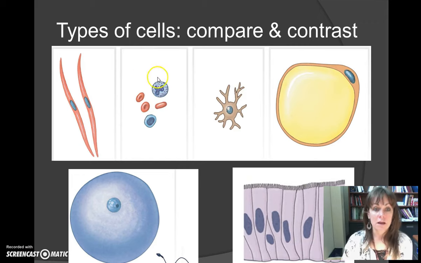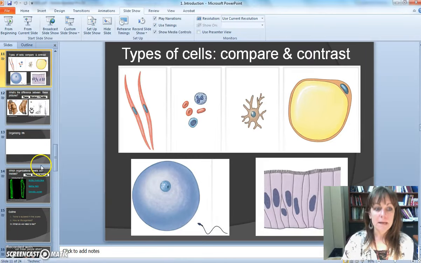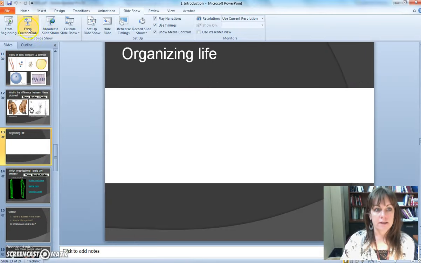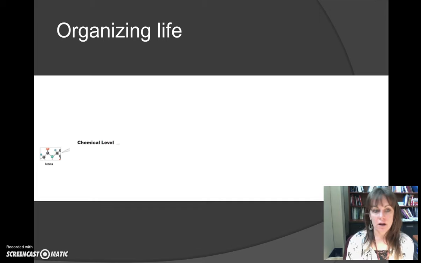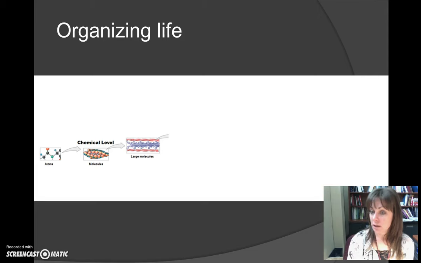Okay, and you can think of it, a blood cell is going to have very different function from an egg and a sperm. Okay, so hopefully that makes sense. Okay, so just to recap, we've talked about chemicals, atoms, and molecules, small and large, and those combine together to give us cells. This is showing a heart muscle cell, and that's the first thing that's considered alive.